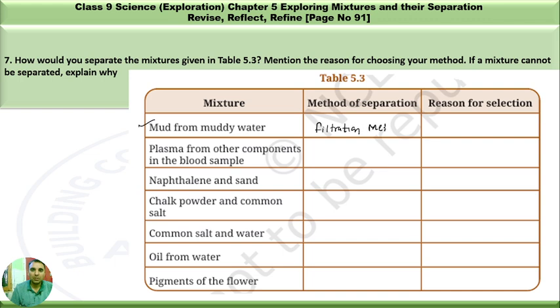In filtration method, we need a filter paper, and through that particular filter paper, only the component, that is solvent, is able to pass through it. The mud particles are having a bigger size so that they cannot pass through the filter paper pores. So that is the reason that we need to select filtration method.